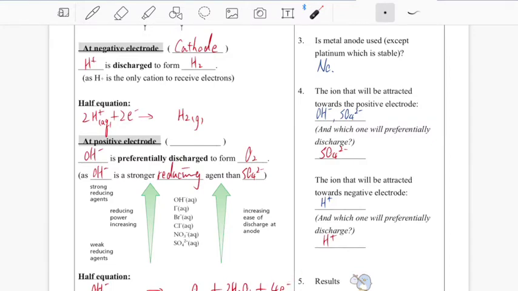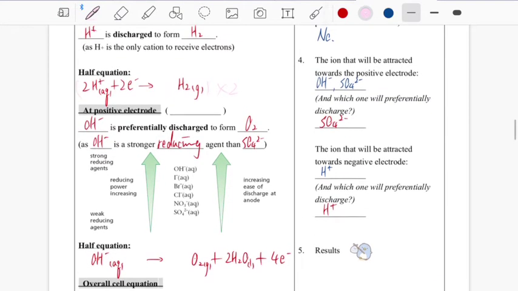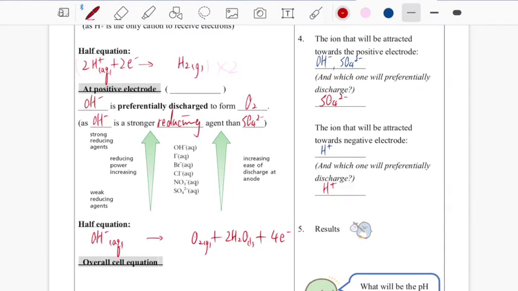To balance this, the first equation must be multiplied by 2, to get the overall equation. So the overall equation would be 2 water, and then we give you hydrogen gas and oxygen gas.